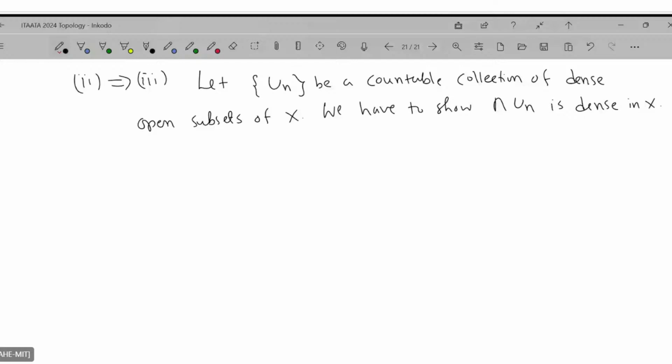Or the other way you can say that, it is co-meager by the last exercise. Hence by two, it is dense.